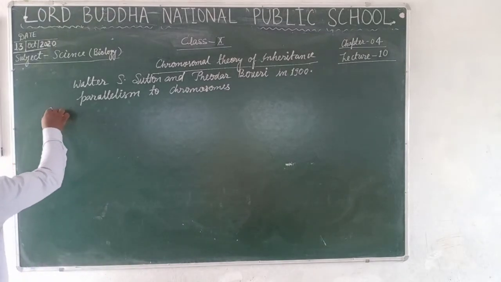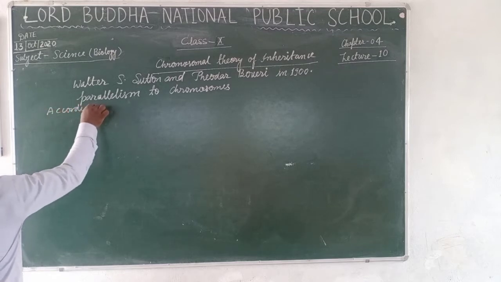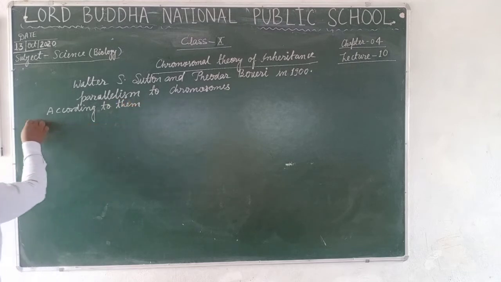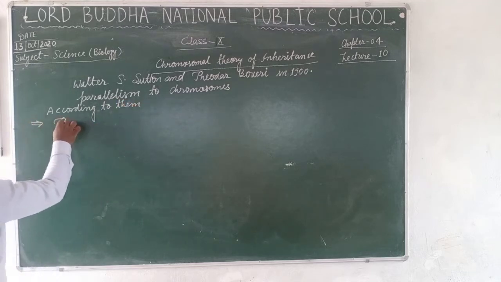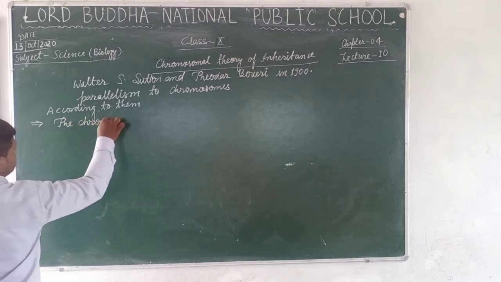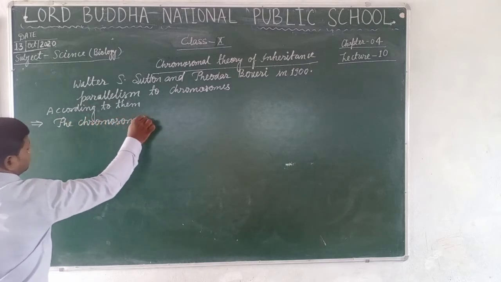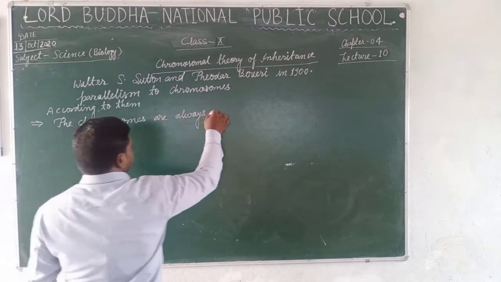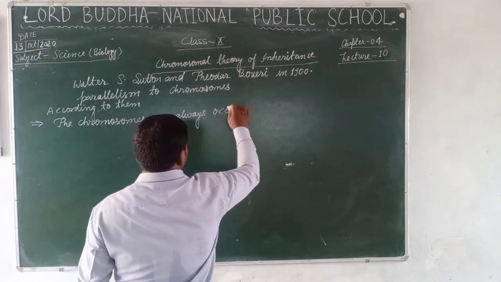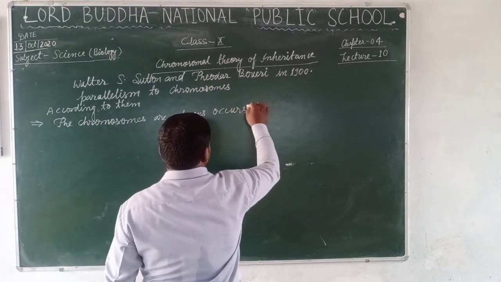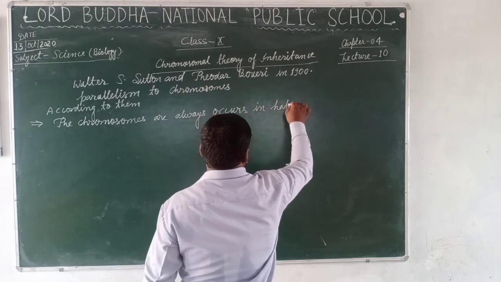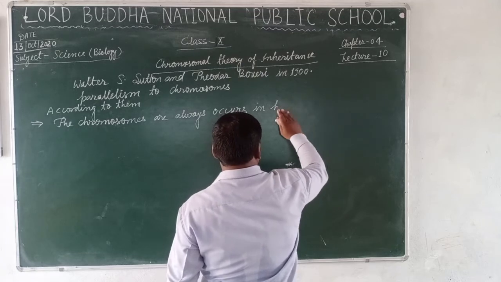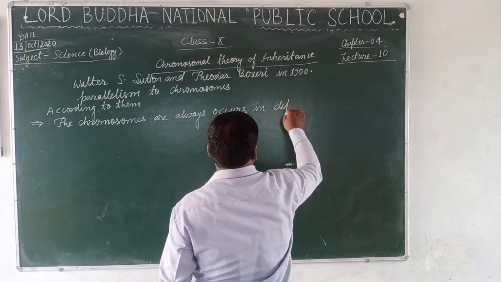According to them, the chromosomes always occur in diploid sets, not haploid.